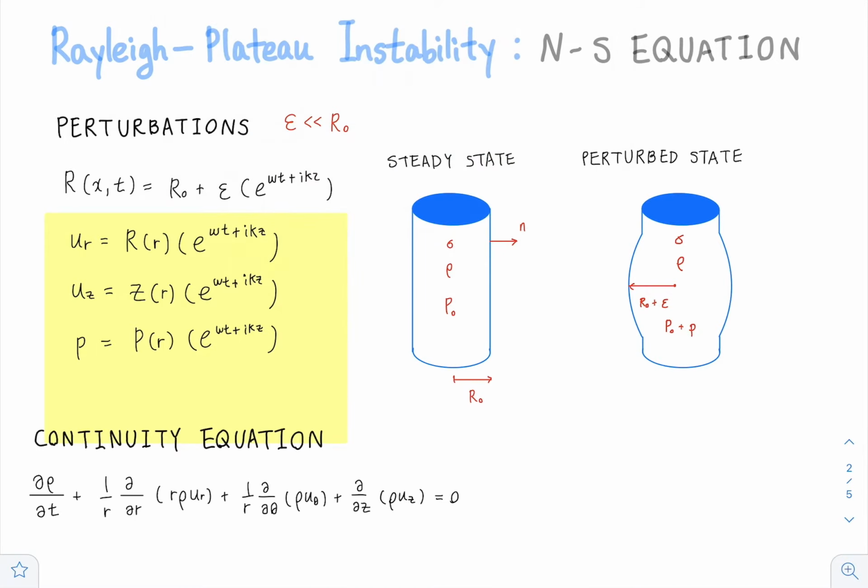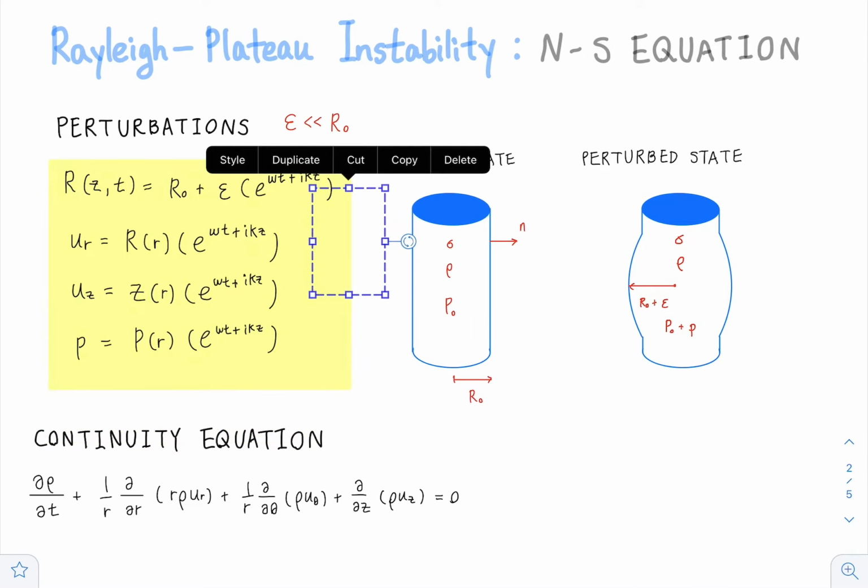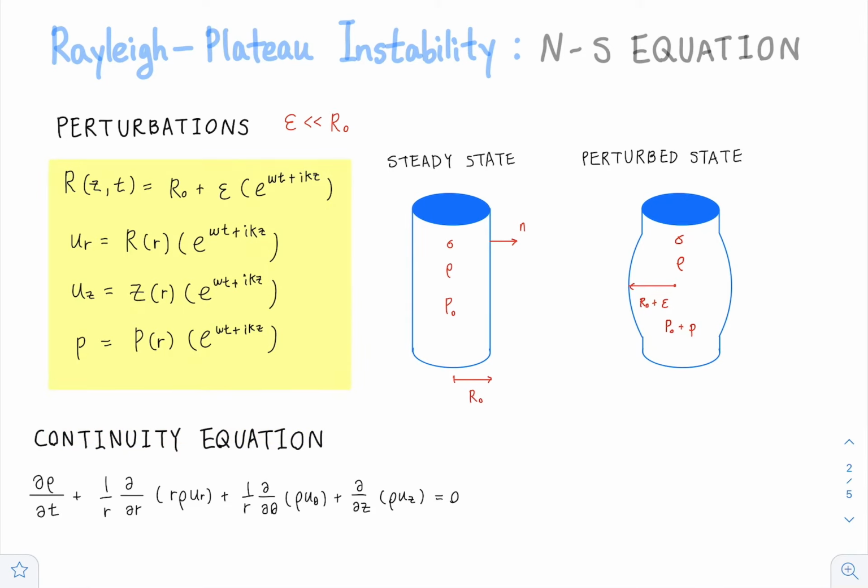So we are taking our r function as a function of z. And then the other terms, ur, uz, and p, are each the radial component of the perturbation, the axial component of the perturbation, and the perturbation pressure.